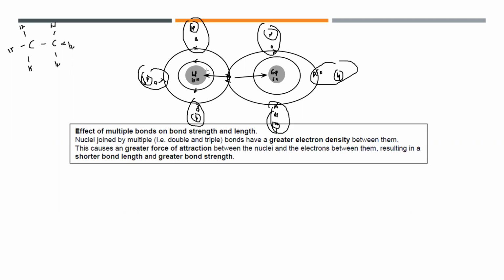This is a single bond, but if there is a double bond, like in ethene, in the case of ethene we don't have these. So the two electrons which are here are also involved in the bonding.